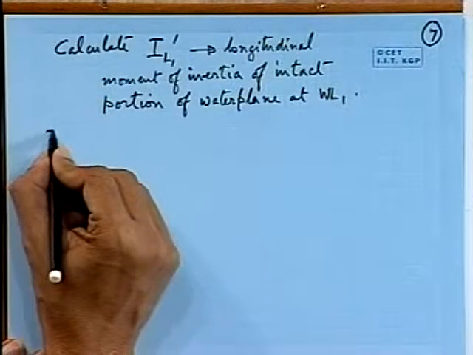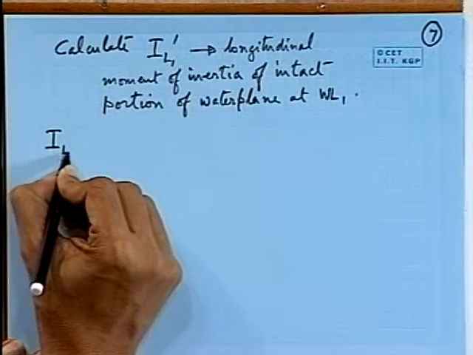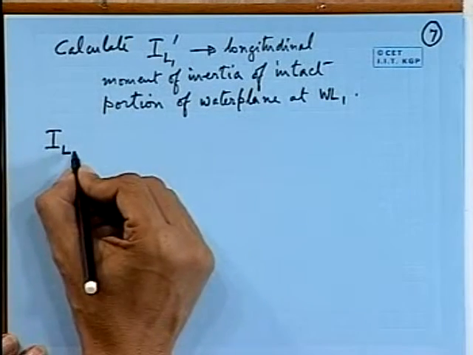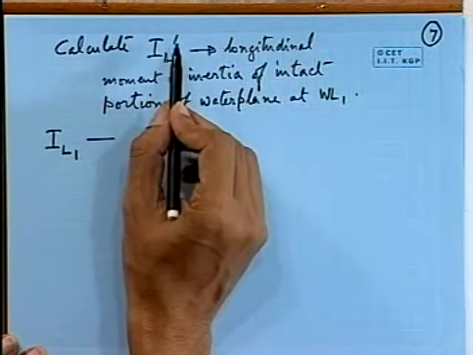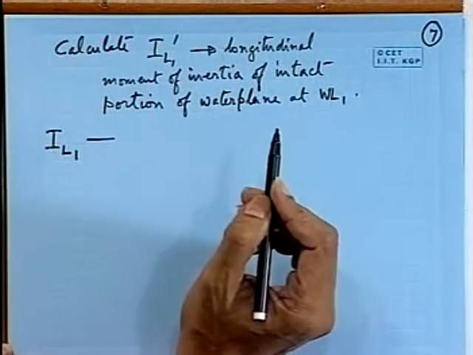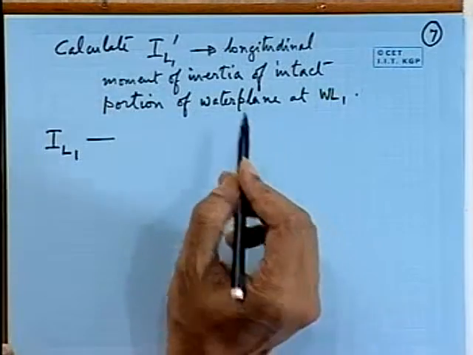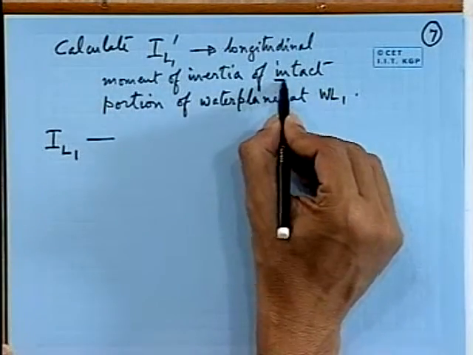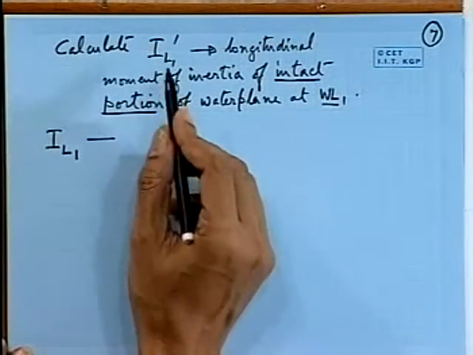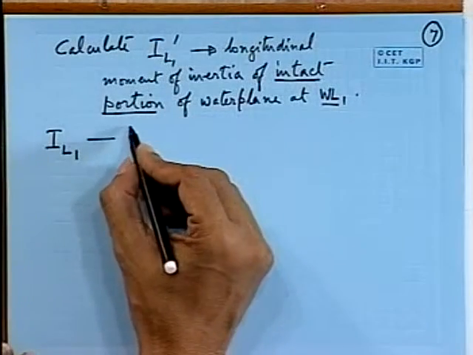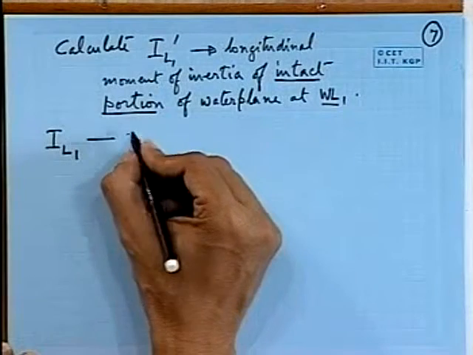This has to be calculated from the undamaged water plane moment of inertia. Prime indicates the intact portion at WL1, and you calculate IL1 prime from IL1.